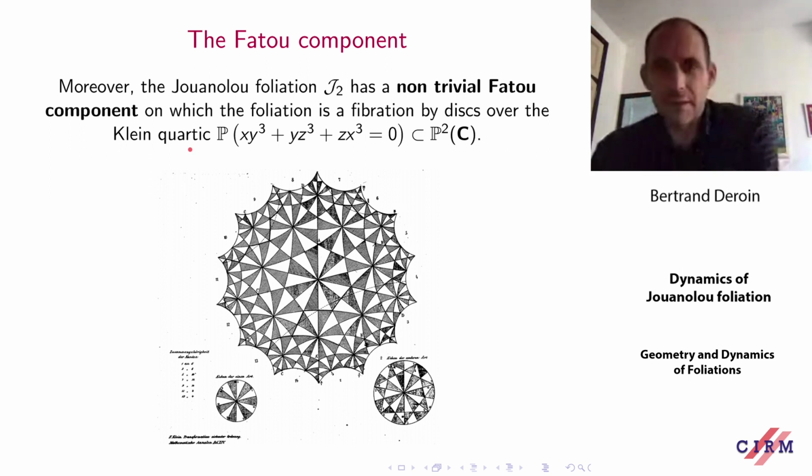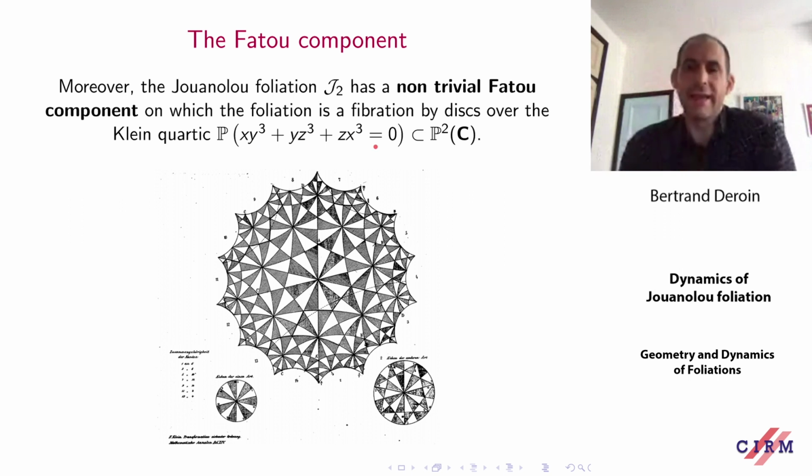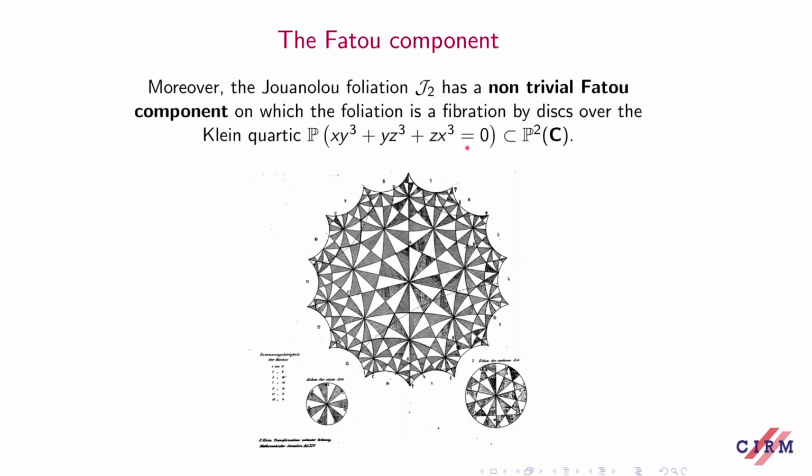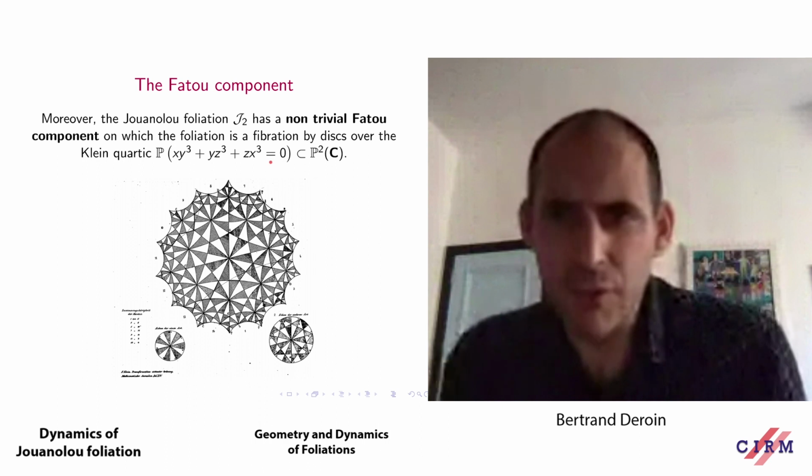This is the Riemann surface given by this homogeneous equation here, and so on this Fatou component you have a holomorphic first integral with values in this algebraic curve.